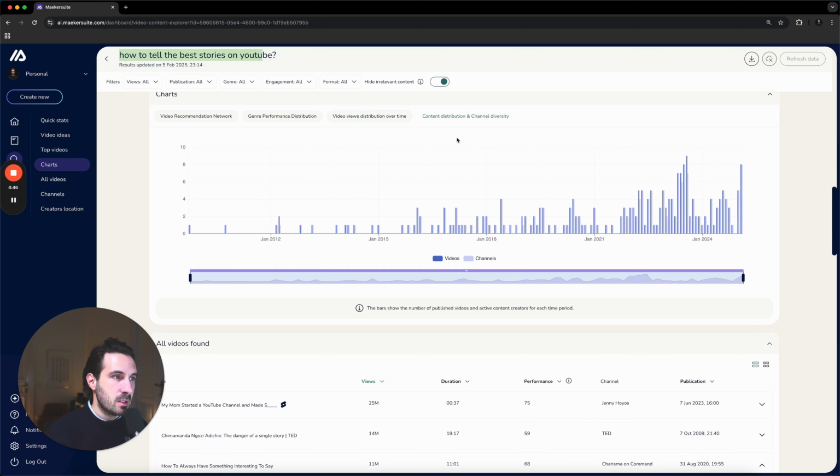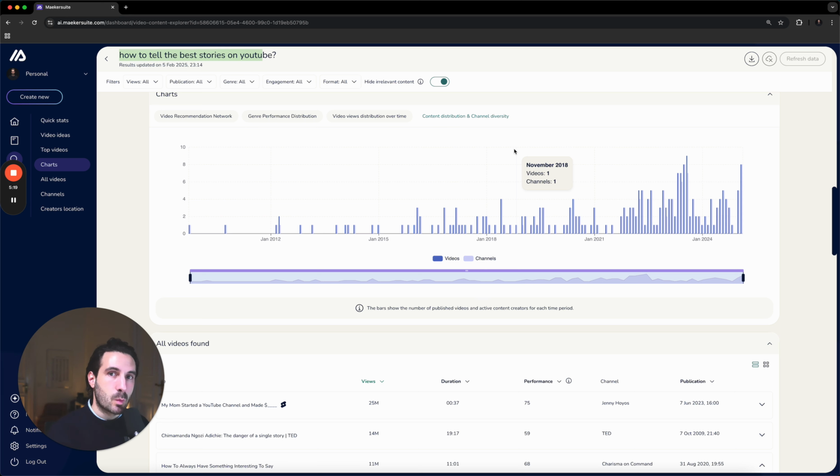And then the last one is the content distribution and the channel diversity. So this basically indicates how many videos have been published and by how many different channels those videos have been published. So for example, if you see that only a couple of channels have published a lot of videos about the specific topic, you see that maybe there's room for another channel to enter this area.